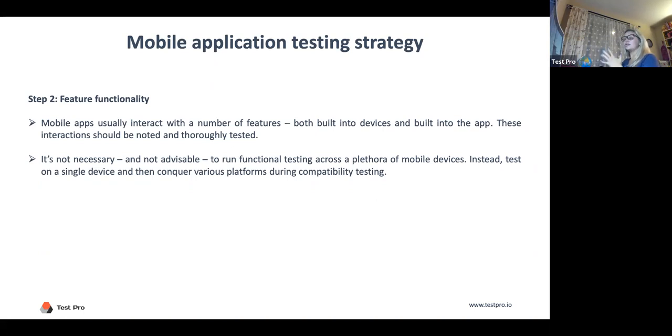Once you've tested it and you're sure that your feature is testable and stable, you can continue with lower platforms, for example, not only Android 10, you can go lower to Android 9. But first, test feature functionality on the latest and greatest, one Android and one iOS, not whole compatibility testing, one at a time.